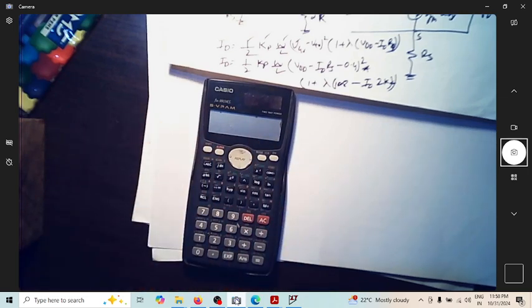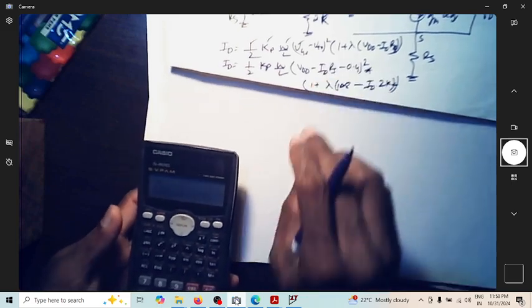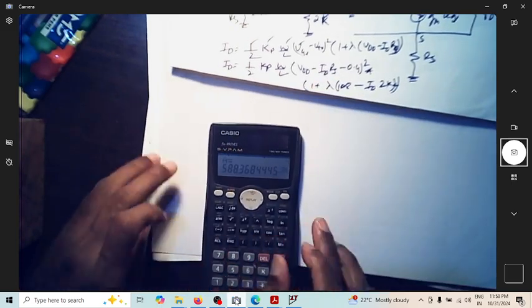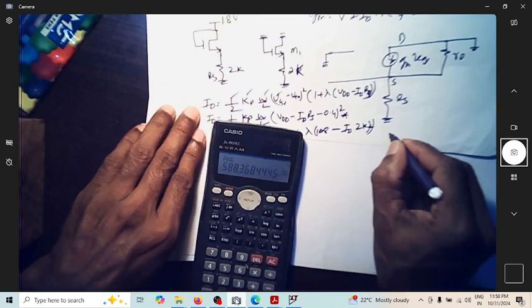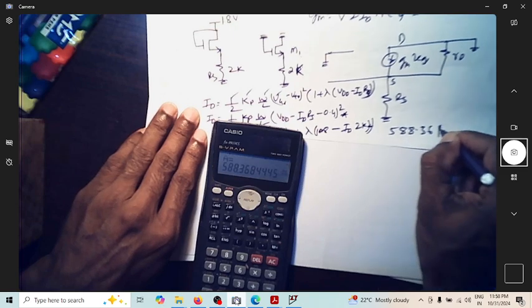So I'll get two values of ID. One of the values of ID, if you press engineering, is 588.36 microampere.